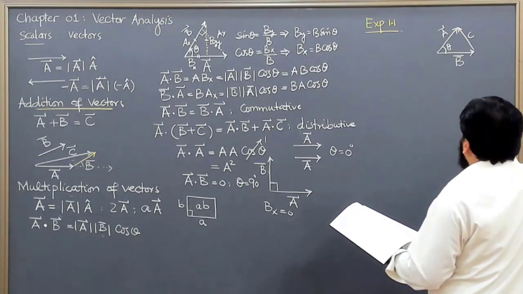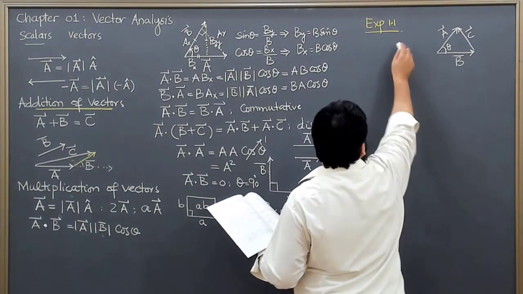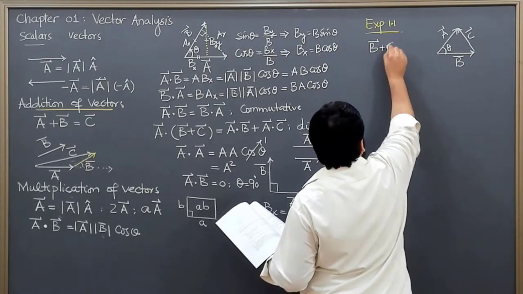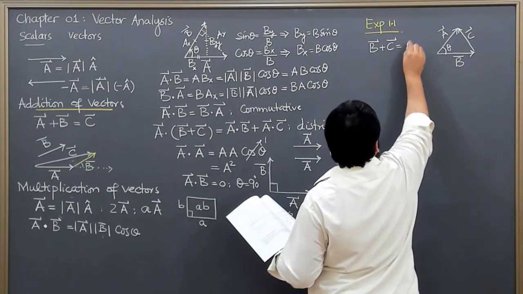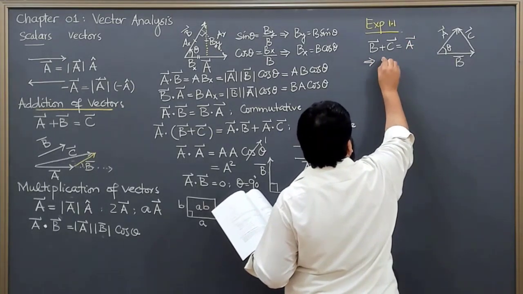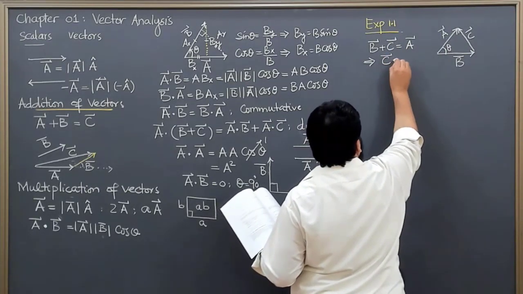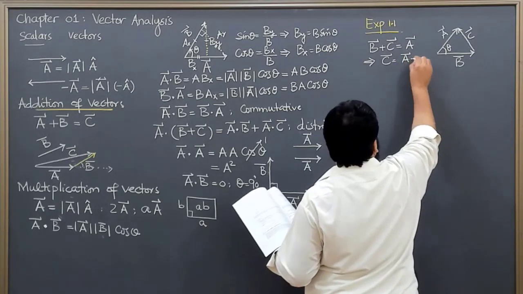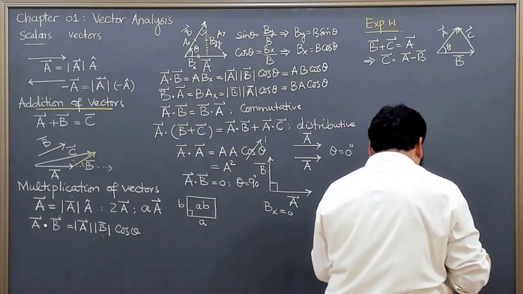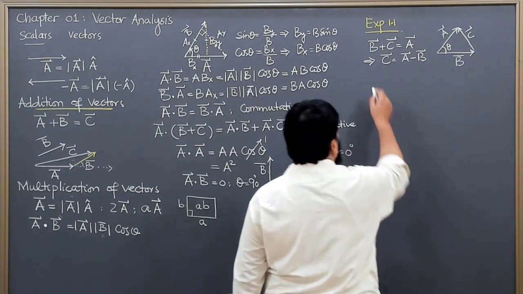So this is vector C. This tells us that by the head to tail rule, B plus C is equal to A, and from here I can write that C is equal to A minus B. Now the question is that C is equal to A minus B and find C dot C.